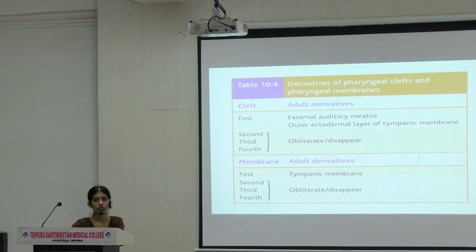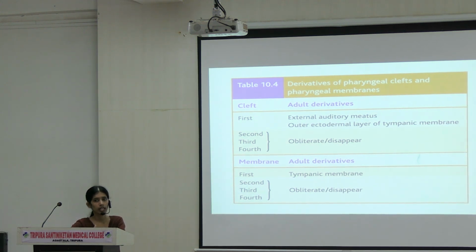Dorsal wing will give rise to superior parathyroid and the ventral wing will give rise to thyroid. It gives rise to caudal pharyngeal complex along with the involvement of fifth pharyngeal pouch, which can also be seen here, and later your fifth pharyngeal pouch will basically disappear.